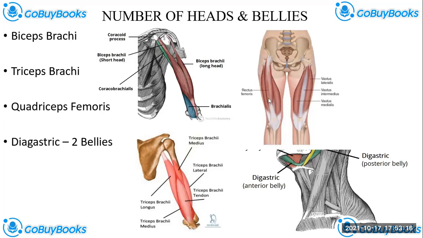This is the rectus femoris. You can see, I said rectus, the fibers are straight. Rectus femoris literally translates to the straight muscle of the thigh, because femoris came from the word femur. The femur bone is the only and the main bone of the thigh.